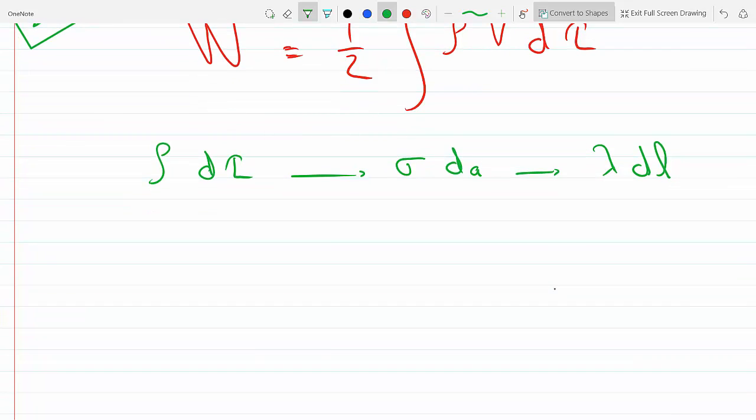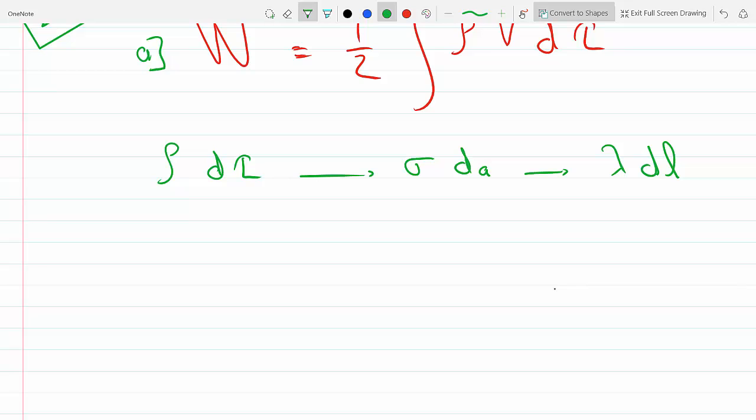And in part A, we're going to use this equation to figure out how much work is in a solid sphere of charge of radius R and charge Q. So there's charge Q on the sphere and the radius is R.